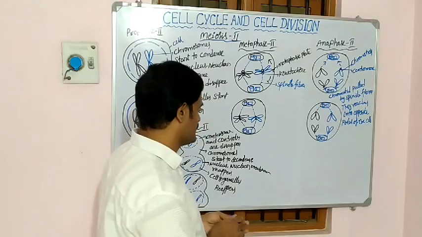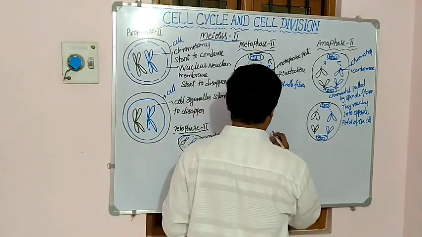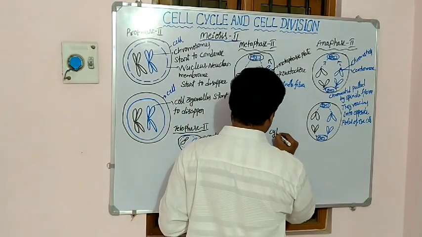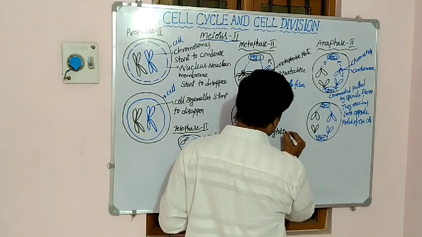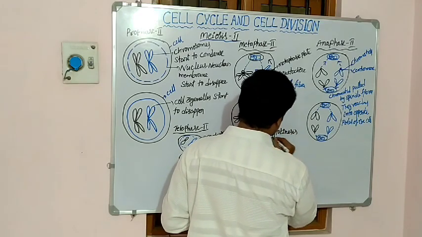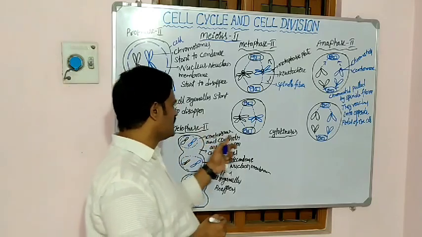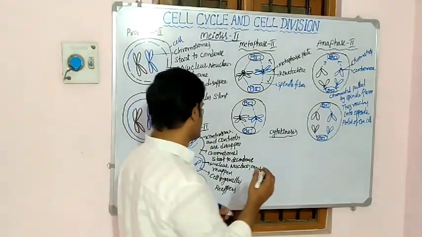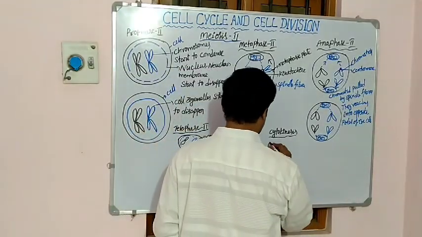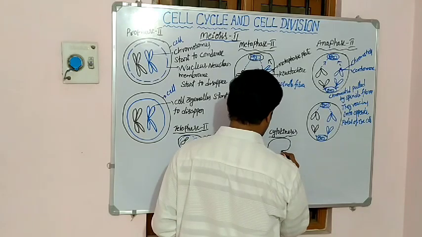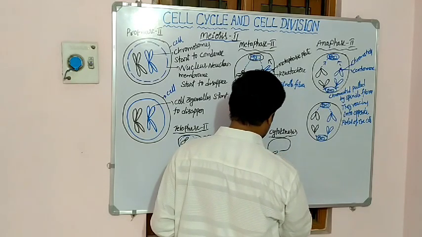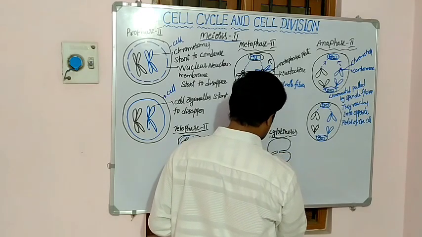What is the process? Cytokinesis. What is that? Cytokinesis means division of the cytoplasm. See, this is one cell, and the membrane depends into the cytoplasm like this.